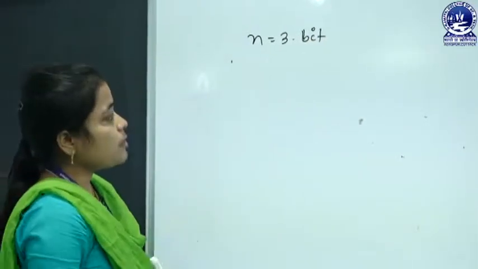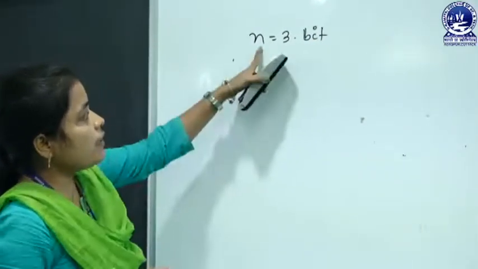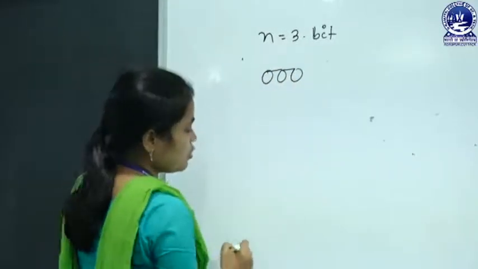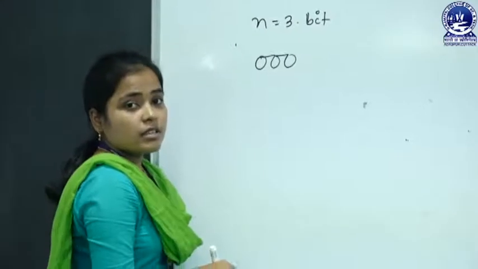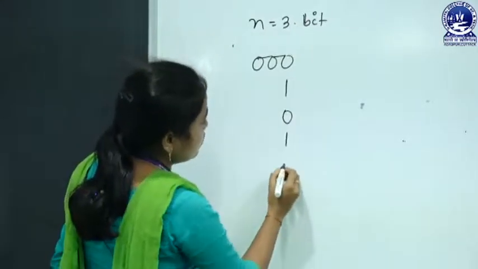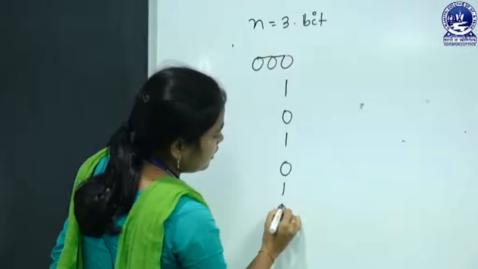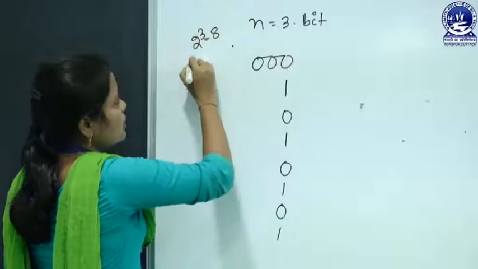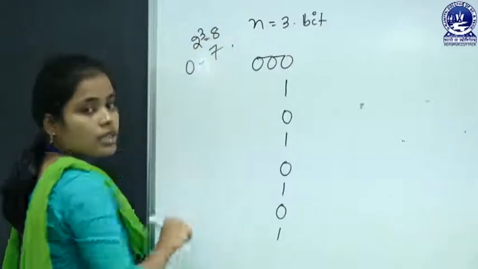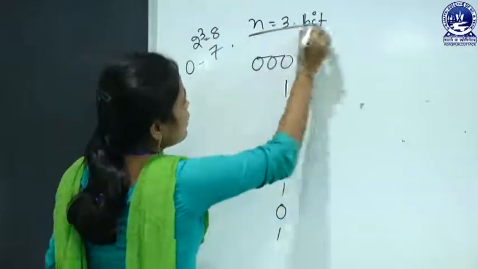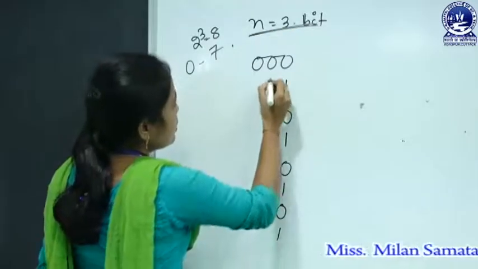Then what will be the possible binary values if n equals 3? It will be starting from 0 0 0 to ending with 3 ones. So how many values will be there? The values will be 2 to the power 3 equals 8. That means 0 to 7. Okay. So these are the binary values for n equals 3.